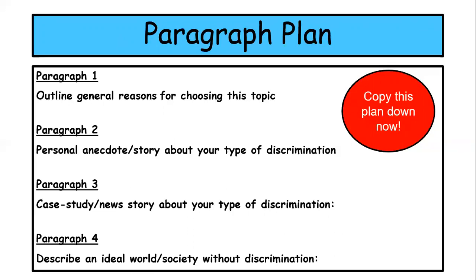And paragraph 4 is where you're going to describe an ideal world or society where this type of discrimination doesn't exist. So pause video now, copy down this basic paragraph plan, and then I'm going to go through each paragraph and give you some ideas for research and also some ideas of techniques that you could include in these paragraphs.